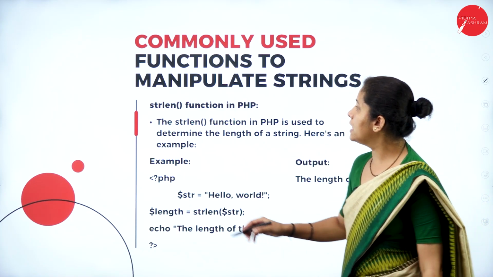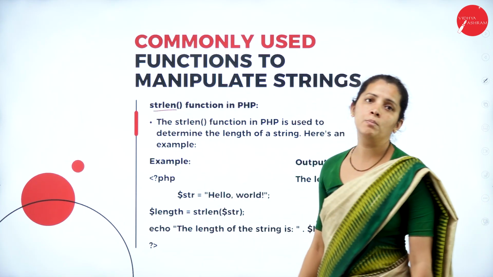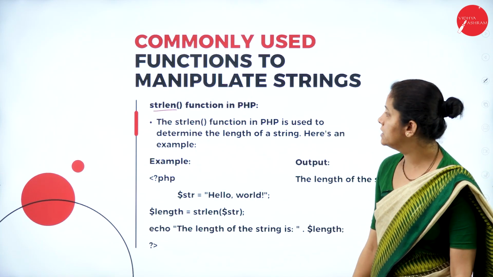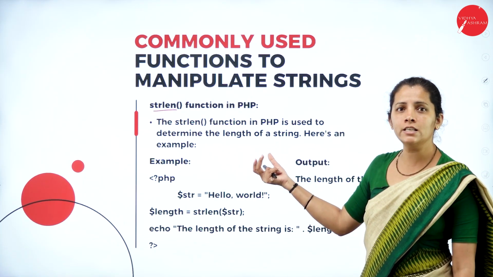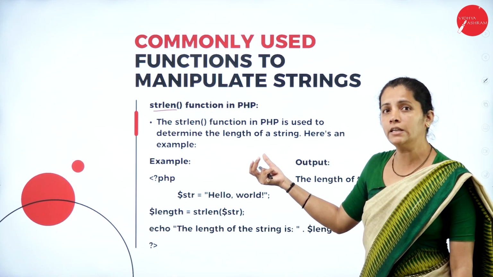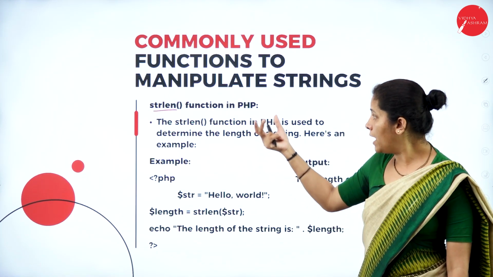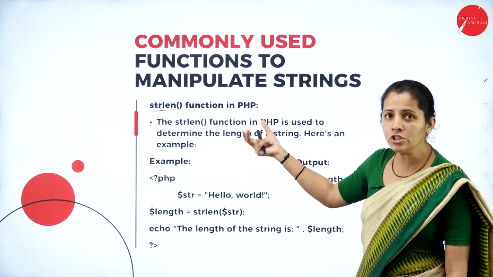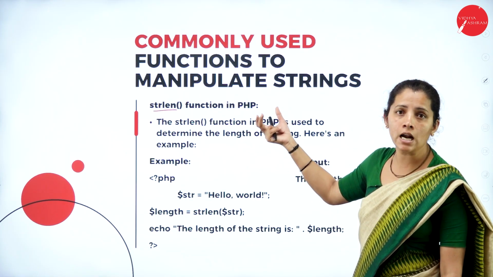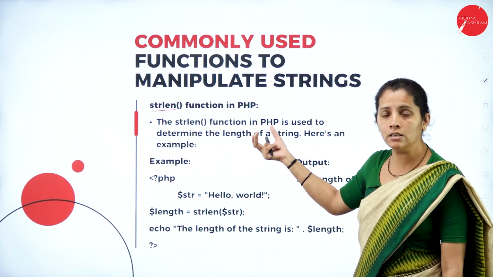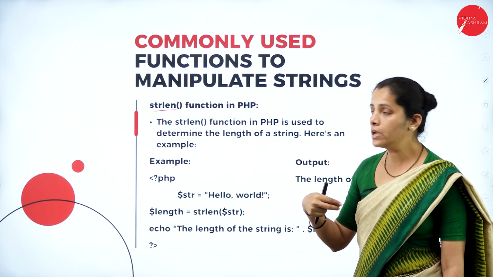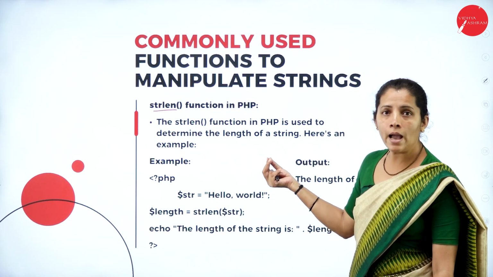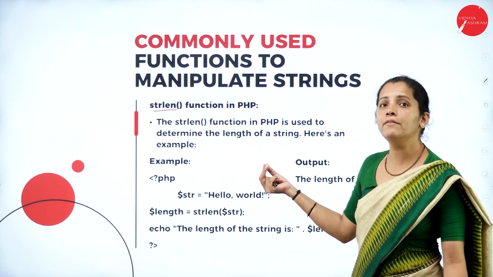The most commonly used built-in function here is strlen. A built-in function means it is already written, and the operations of strlen are already written and kept. According to my need, I am accessing the string length function.